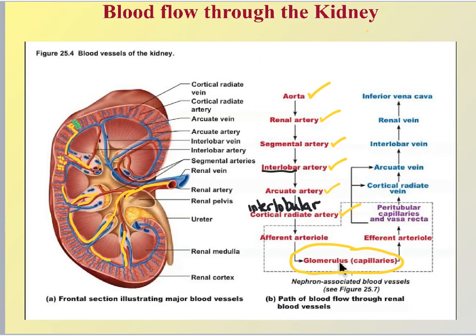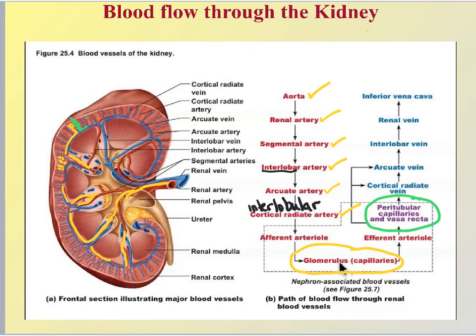And so blood begins its journey out of the kidneys via those efferent arterioles. And I'm going to skip peritubular capillaries for now. We're going to come back to that. Those efferent arterioles then drain blood into the cortical radiate veins, which would be located right down the center.